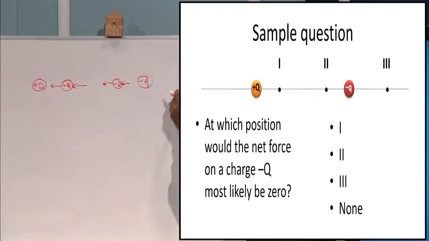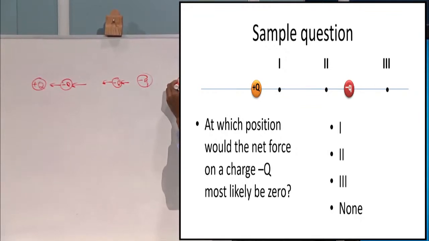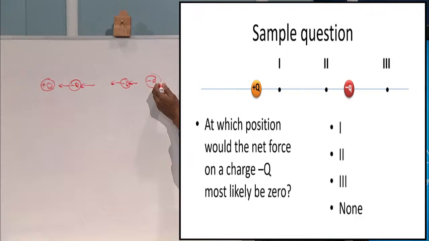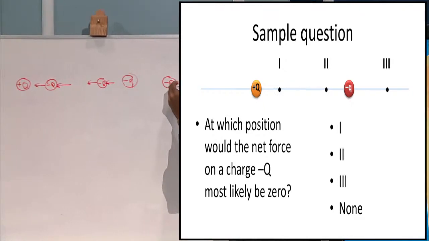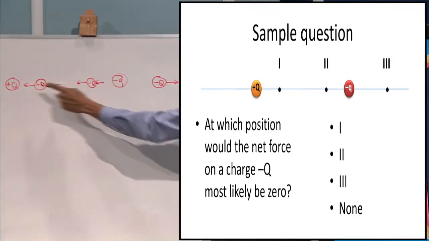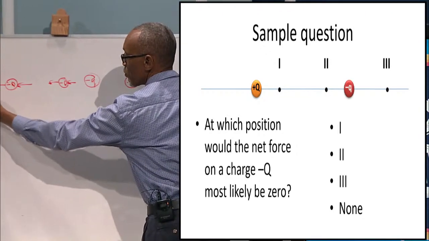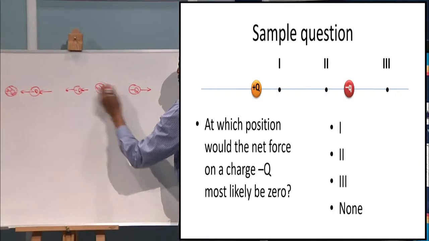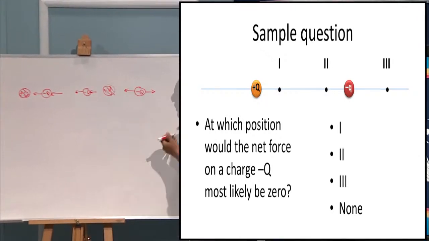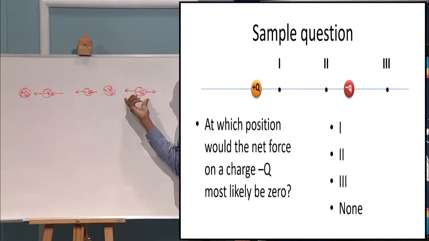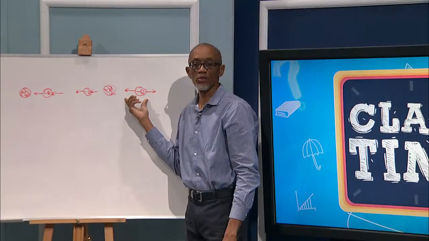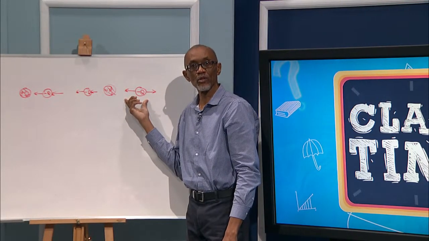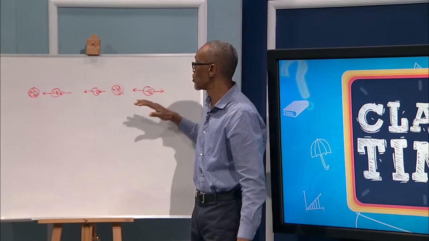But if you put the negative Q here now, this force will push the charge that way, and this force, remember these are the two charges that we're talking about, this charge will pull this charge this way. Now, since these two are opposite in direction, there's a likelihood that at some point they can add up to 0. So this is most likely to be 0. It doesn't have to be, but it is most likely.